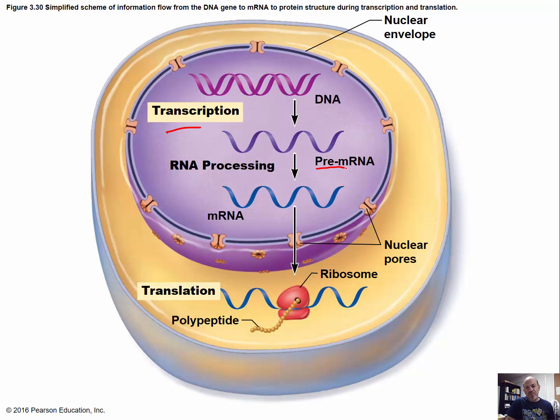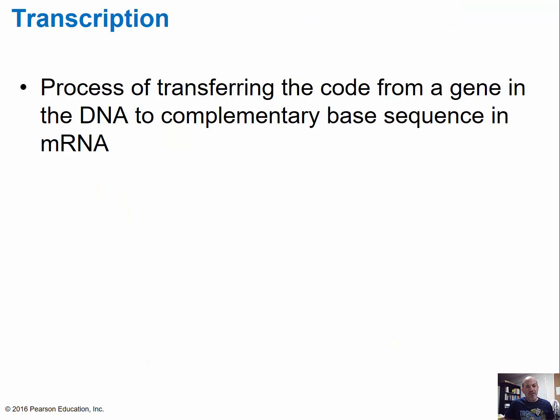At this point, we have pre-mRNA, and this is where we have to trim out the introns and splice together the exons to form our mature mRNA. The mature mRNA will then leave the nucleus and attach with the ribosomes and begin making the polypeptide in the process called translation. So let's look at transcription now. This is a process of transferring the code from a gene in the DNA to a complementary base sequence in mRNA.